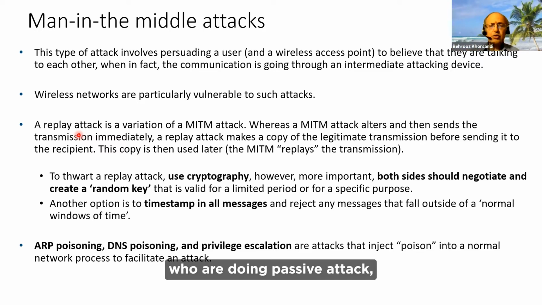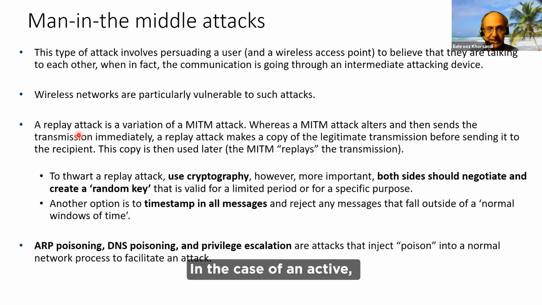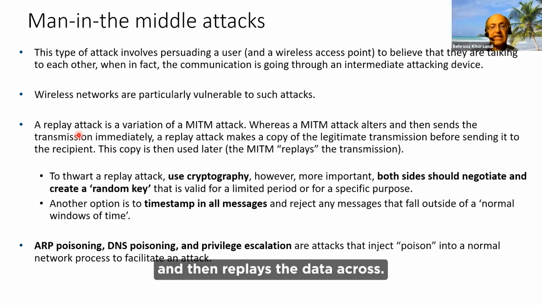Sometimes, for those who are doing passive attack, they just receive the data, take a copy of it, and then put it back on the wire. Nobody knows that this had happened. In the case of active, which is a worst scenario, not only copies the data, but it also modifies it and then replays the data across.